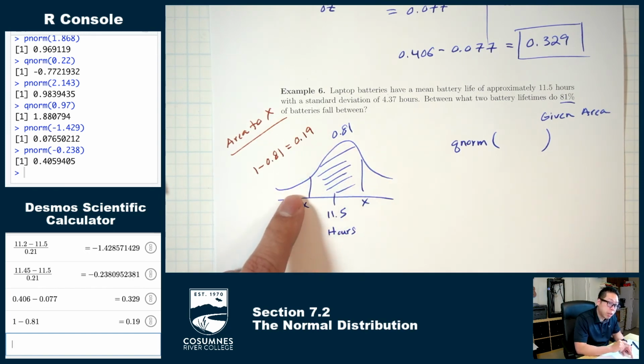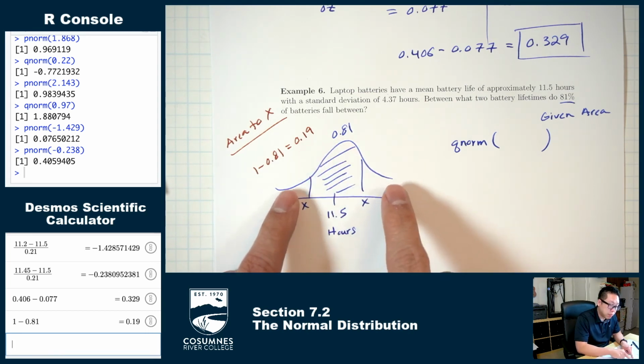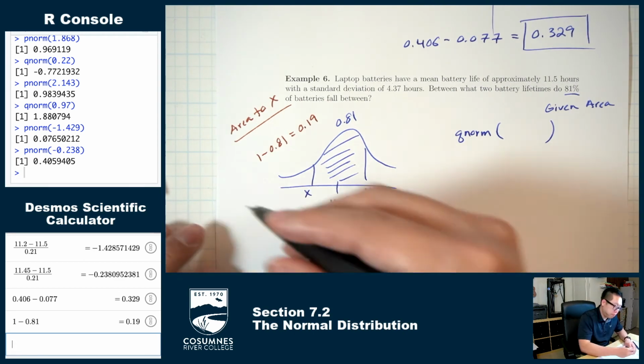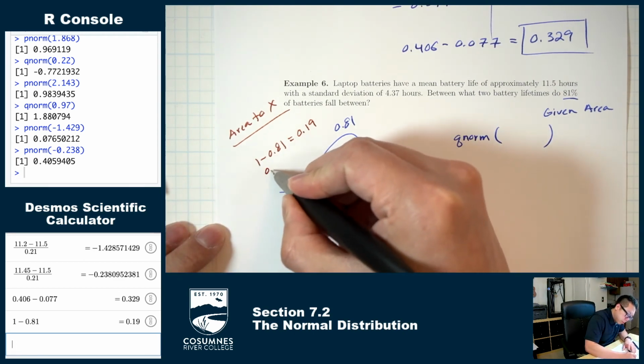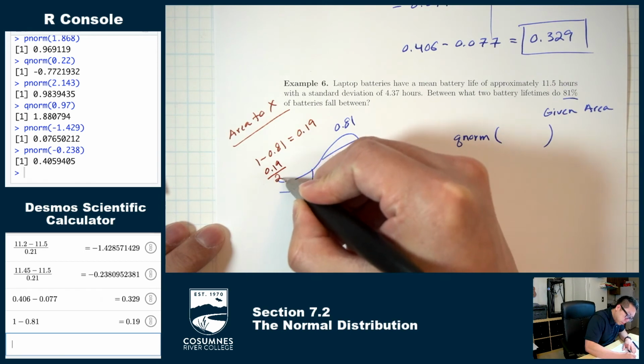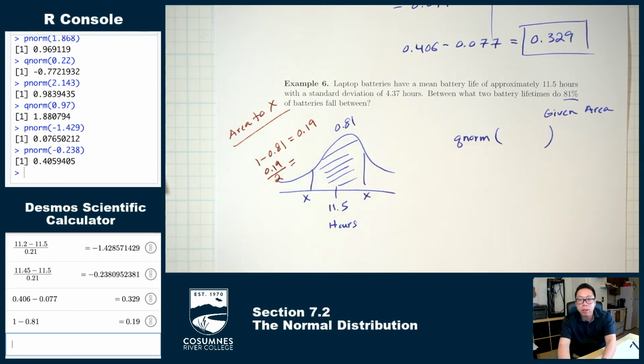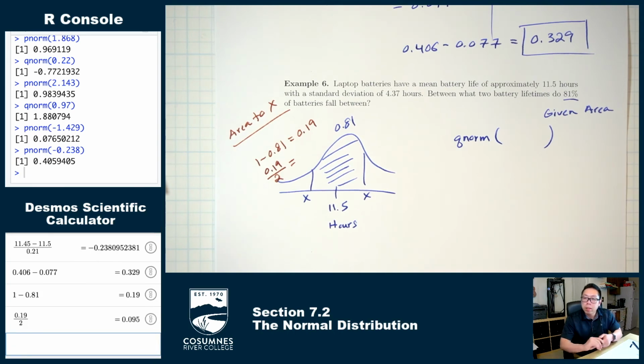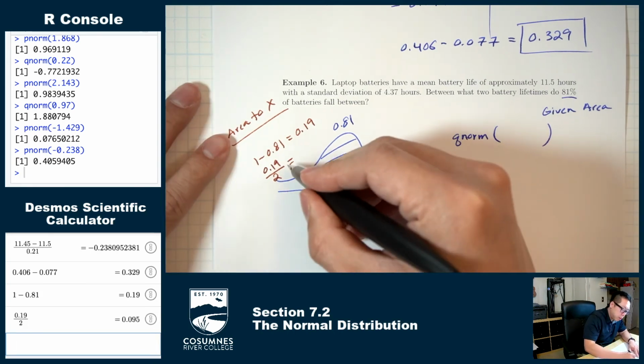If I just want the left side, what do I do? So 0.19 is the left and right together. If I just want the left side, divided by 2. So 0.19 divided by 2 is 0.095.